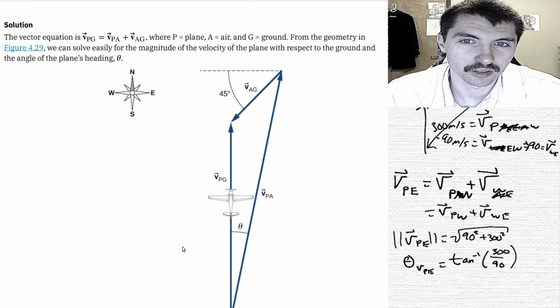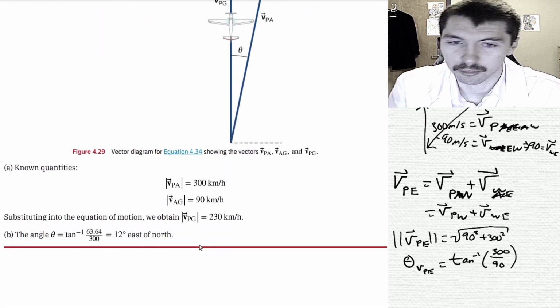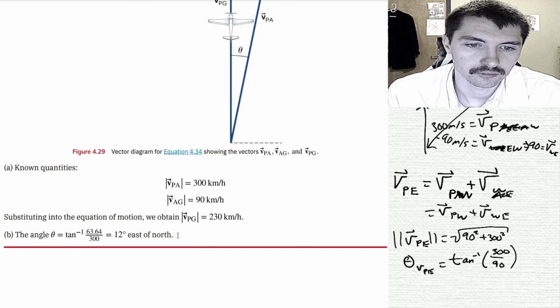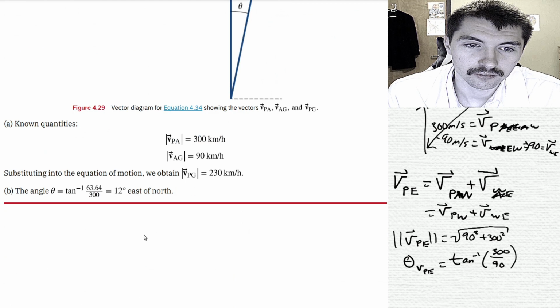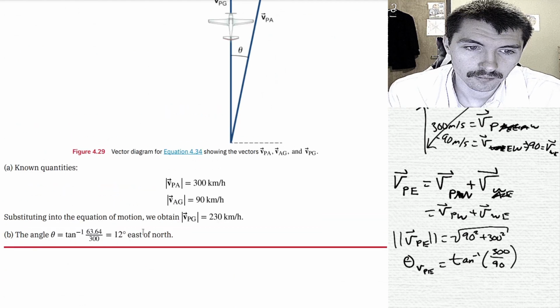I don't know what their A is, the ground. Okay, I put the earth. Same thing. 63 over 300. How did I get that wrong? Where is the 63 coming from?